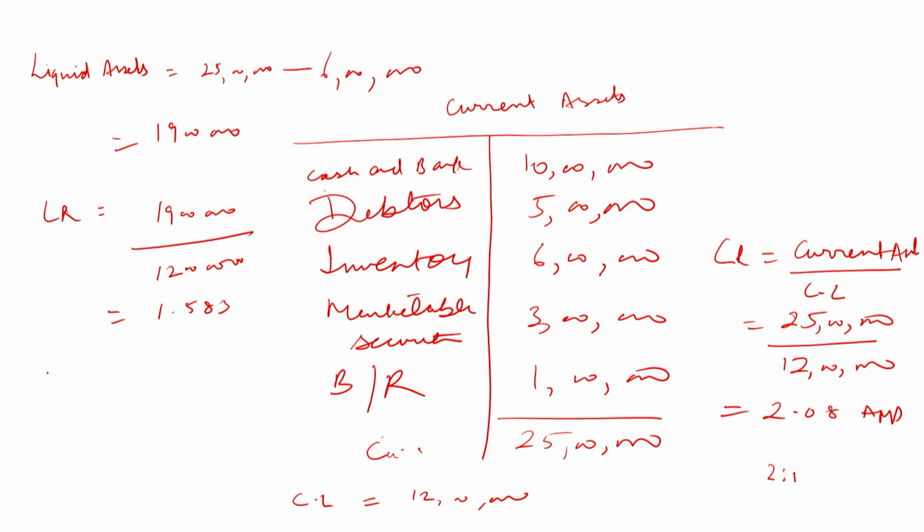And then the third one is absolute liquid ratio, which is a ratio of absolute liquid assets divided by current liabilities. Now, for absolute liquid assets, we consider cash and bank balance, marketable securities. So, the total of the two comes to rupees 13 lakh.